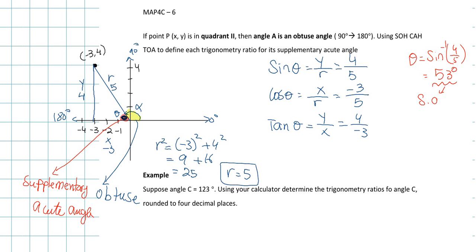So this is why you have to be aware. The obtuse angle is 180 minus 53, which is 127. Okay? Now, what if you used cosine and you did cos inverse of negative 3 over 5? Tell me what the answer is going to be.